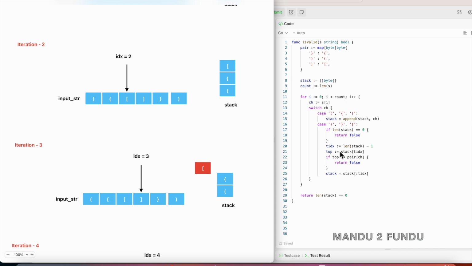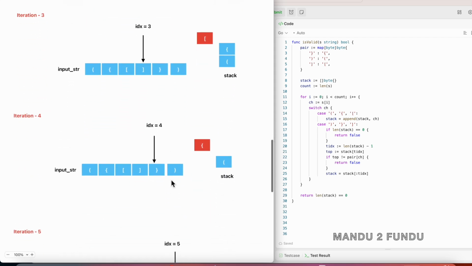That's what we are checking here. So the top points to the square bracket, and the pair of ch, the closing square bracket, is the opening square bracket. That is what we are seeing on the top of the stack. So this condition is false, so we are adjusting the stack size and enter the next iteration.